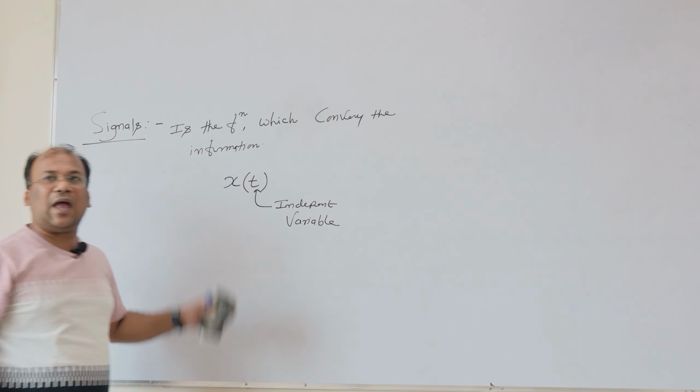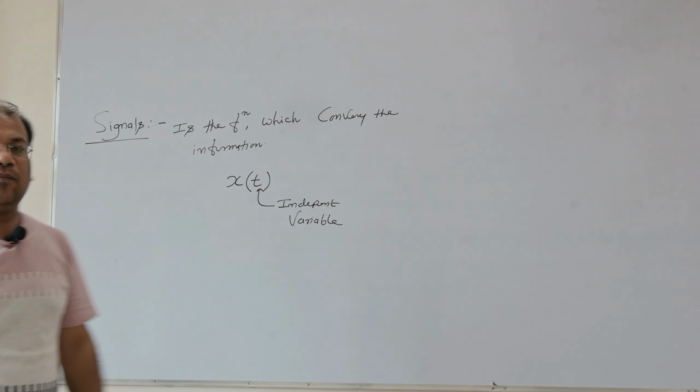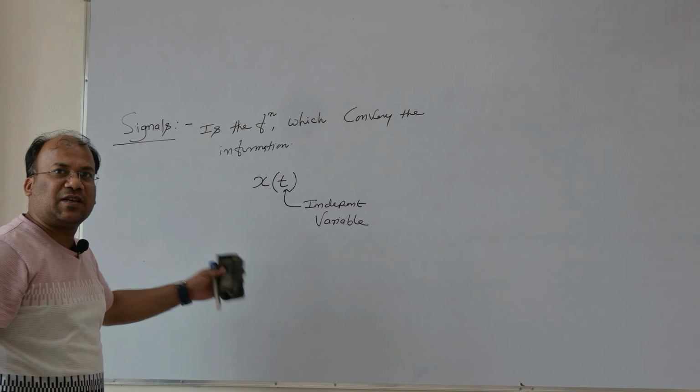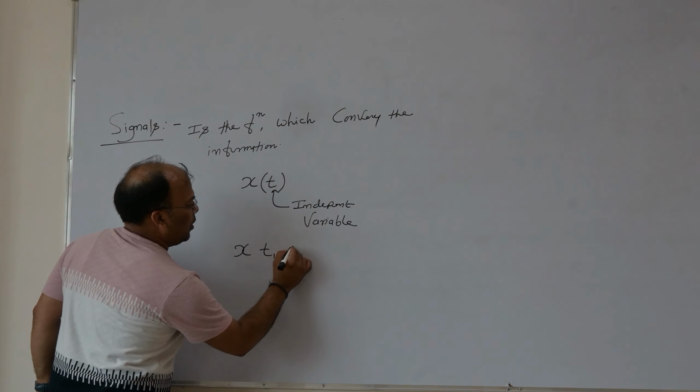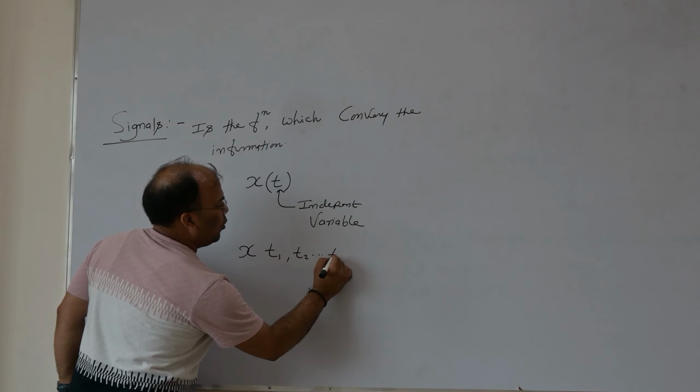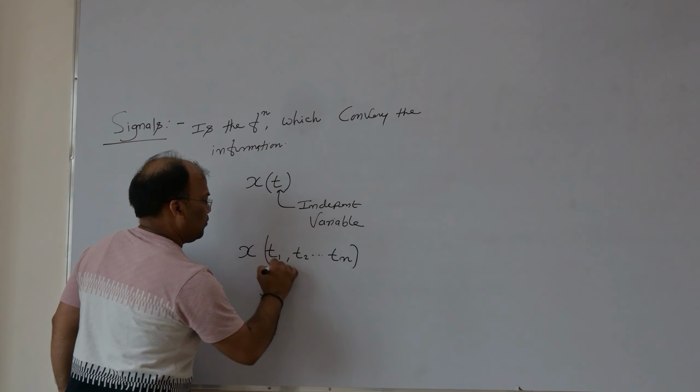So this is a one dimensional signal, and there is a multi-dimensional signal also, which we can represent as s of t1, t2 up to t of n.